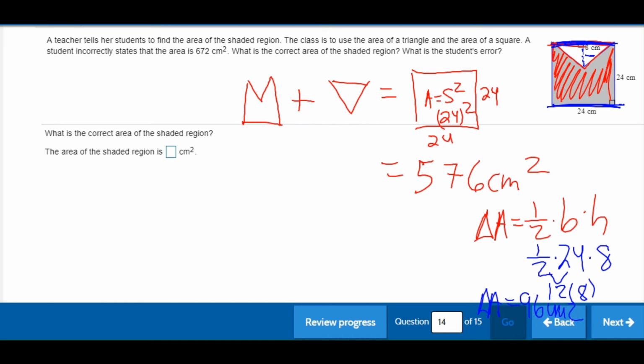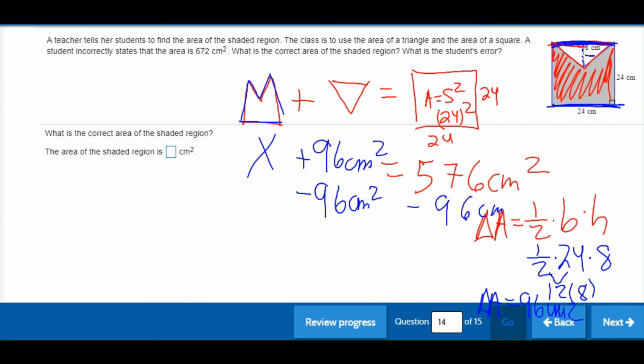If I know the area of the triangle is 96 centimeters squared, and I want to find the area of the shaded region, what could I do? Solve for my variable, get the unknown by subtracting the area of the triangle from the area of both of them together, and then I get the variable x on one side of the equal sign, which is 576 minus 96, the area of the triangle, and I get 480 centimeters squared.